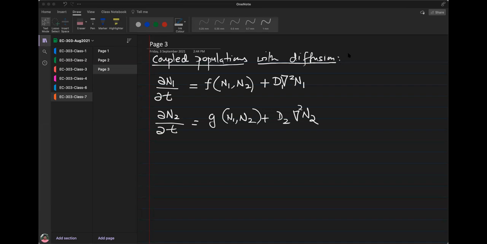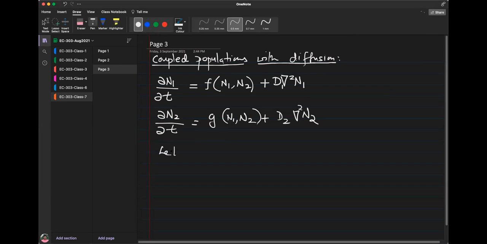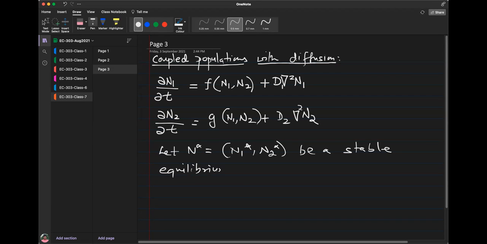Now we can ask the same question. Let n star, given by n1 star, n2 star, be a stable equilibrium of the mean field system.